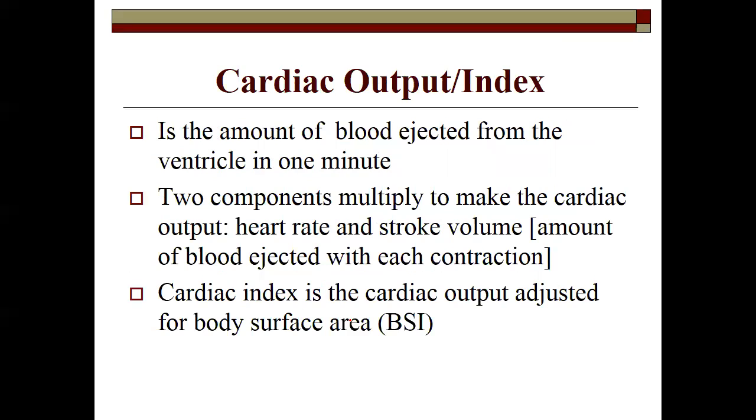Cardiac output, we talked about that, what makes up cardiac output, and cardiac index. I'm not going to get into the calculation of the cardiac index, but just know that cardiac output is your heart rate times your stroke volume, and cardiac index is the cardiac output adjusted for body surface area, because somebody that's 5'2" and 450 pounds has a different body surface area than me, who's 6 foot and 190 pounds.